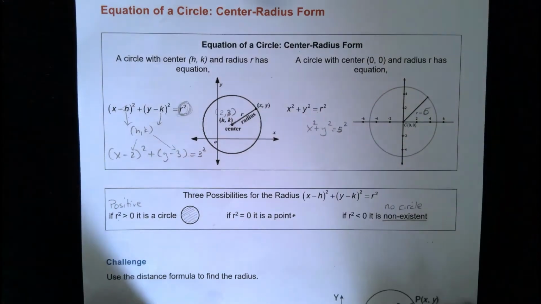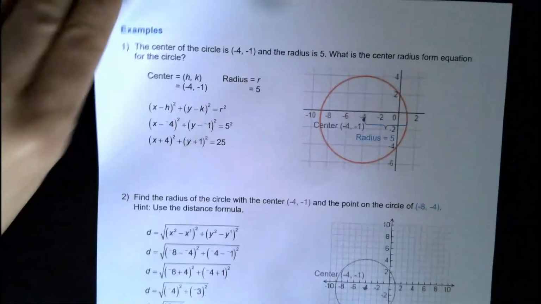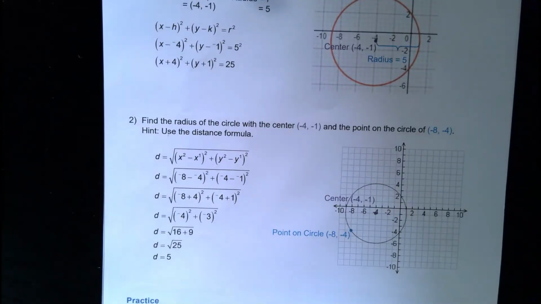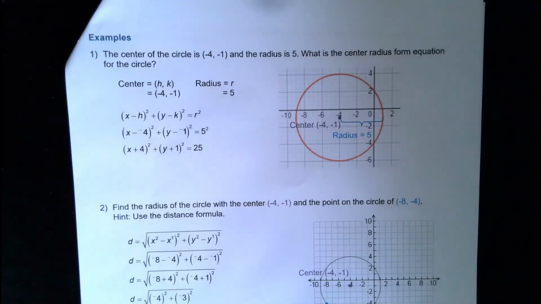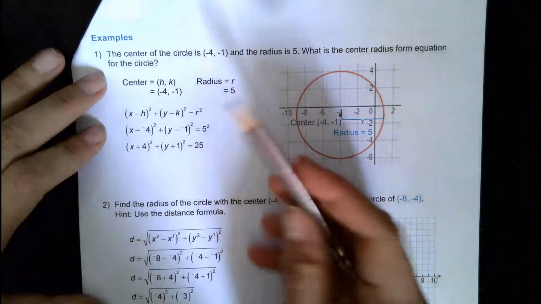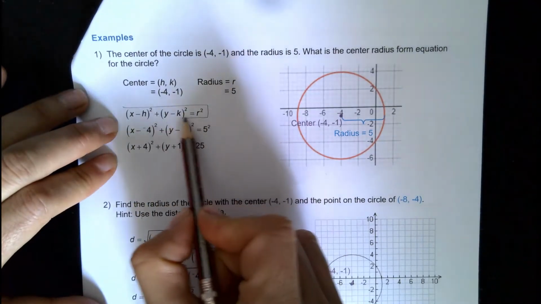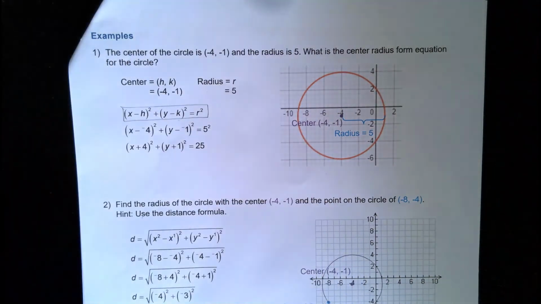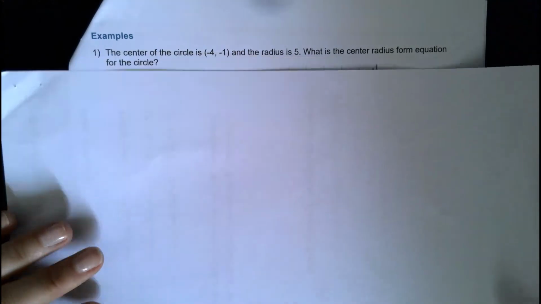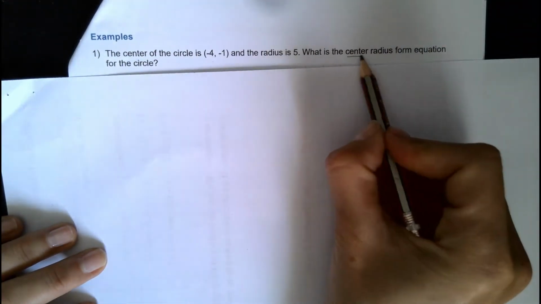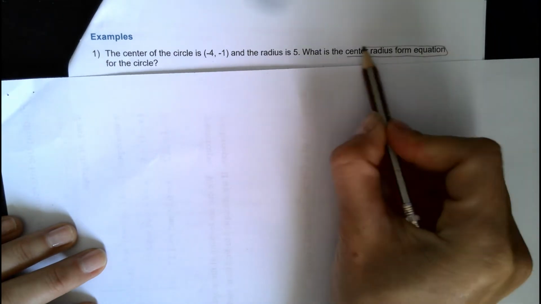Okay? So now we have the formula called the center radius formula. If I'm given a question that looks like this, here is my center and here is my radius, what is the center radius form equation?